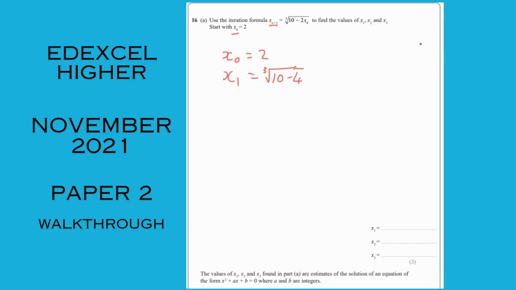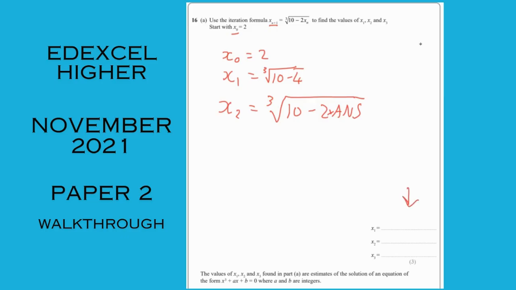So on your calc, stick in the cube root of 6. Now the key to it is you should be using your ANS button on your calc. So when you type it back in, don't clear your screen, write it out to 4 or 5 decimal places. That's for down here, not up here.